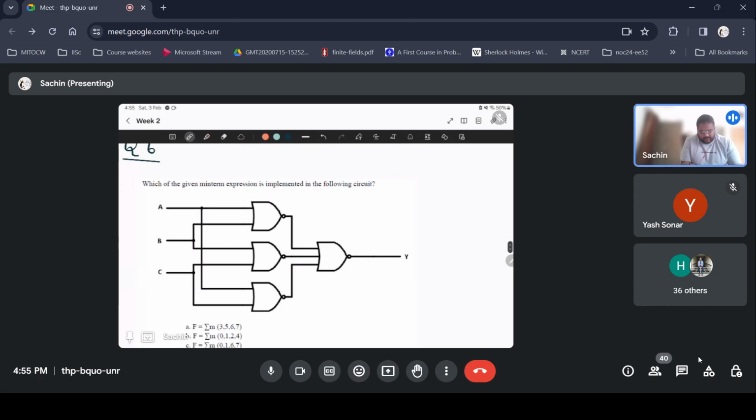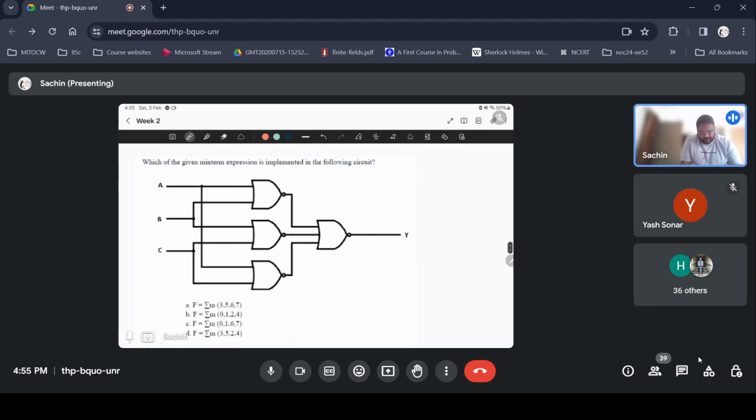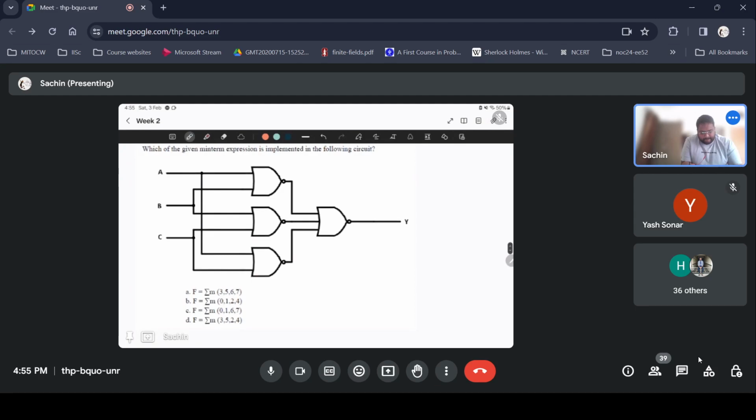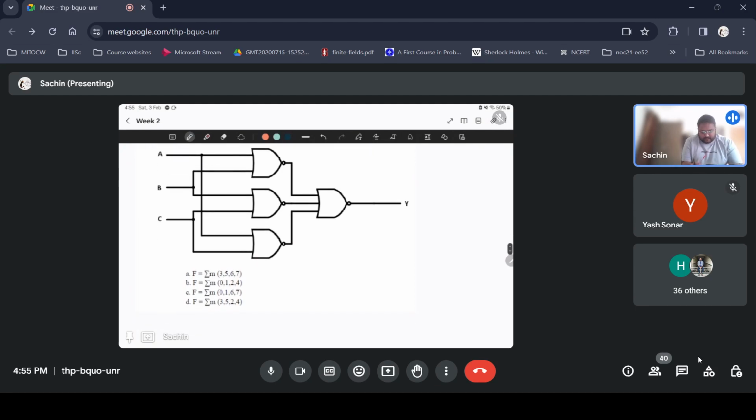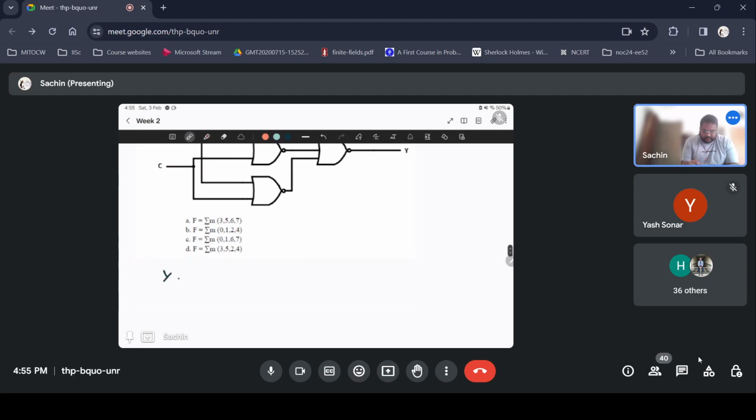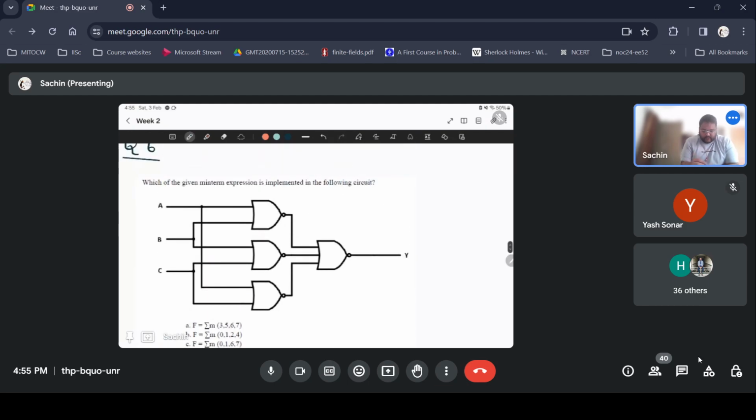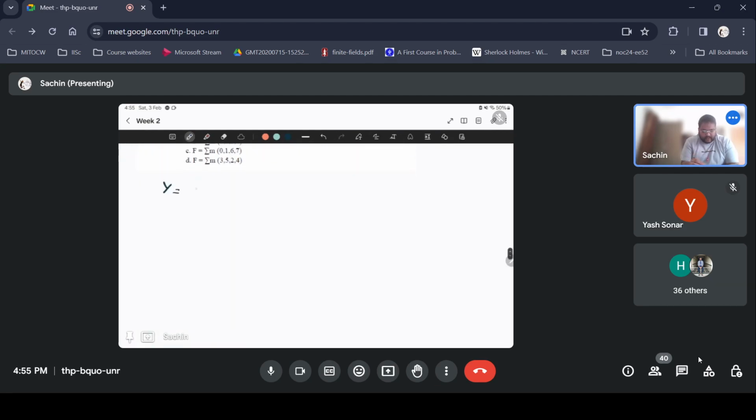Which of the given min-term expressions is implemented in the following circuit? So first let's write down what expression it is. For the first NOR gate, the inputs are A and B, so you'll get (A plus B) complement.